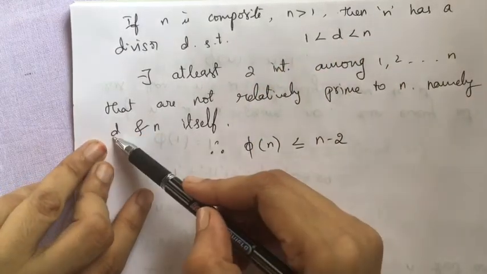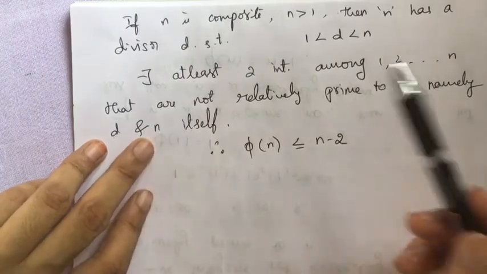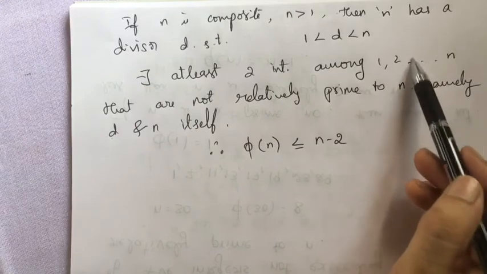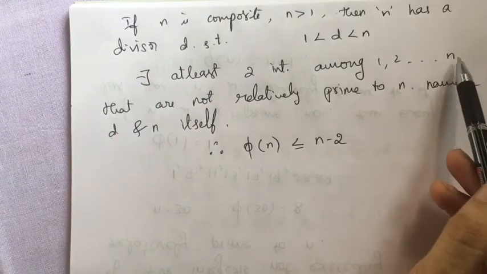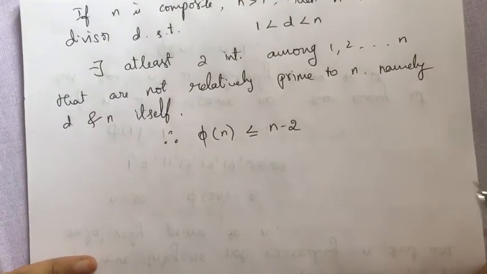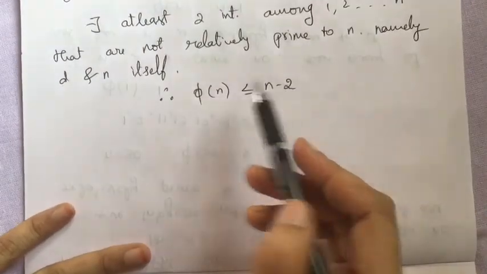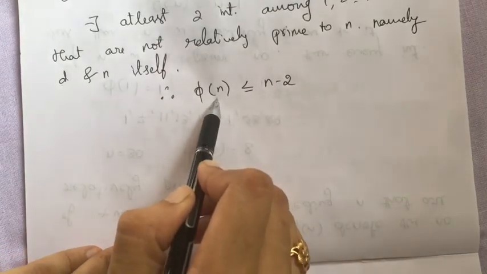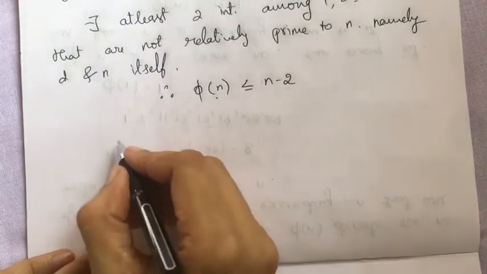Those integers are d and n itself, so I can just remove them from this set. One divisor somewhere here and n, I'm removing them, so the remaining is n minus 2. So at the most n minus 2 is a possible value for phi of n if n is a composite number.